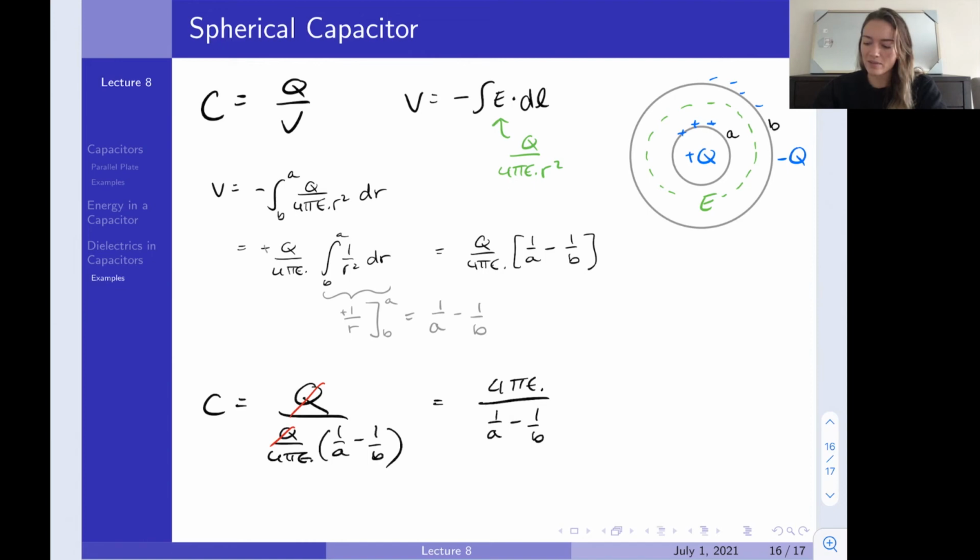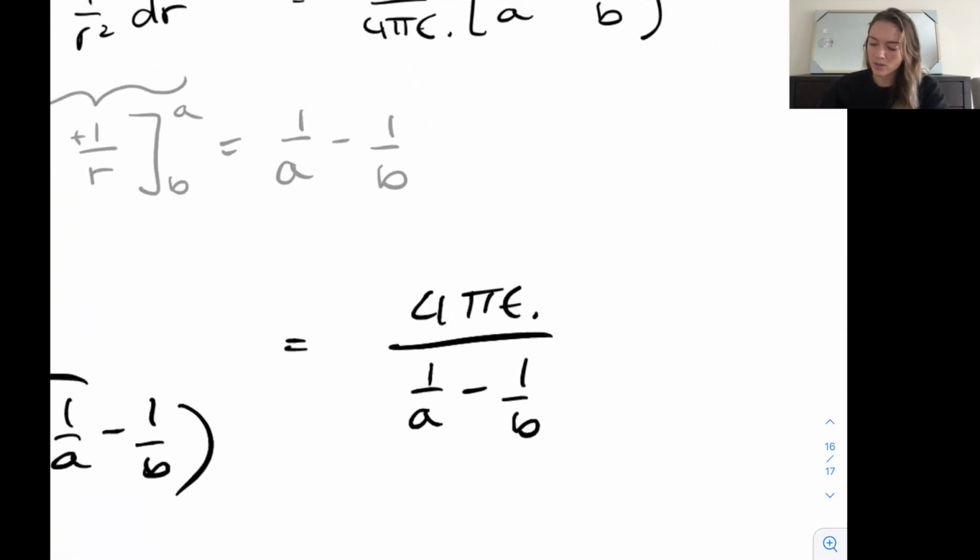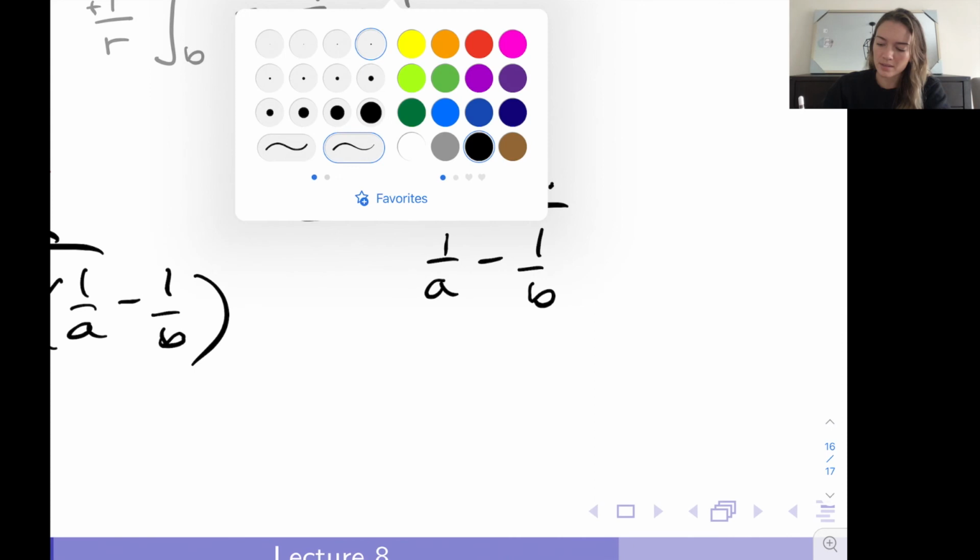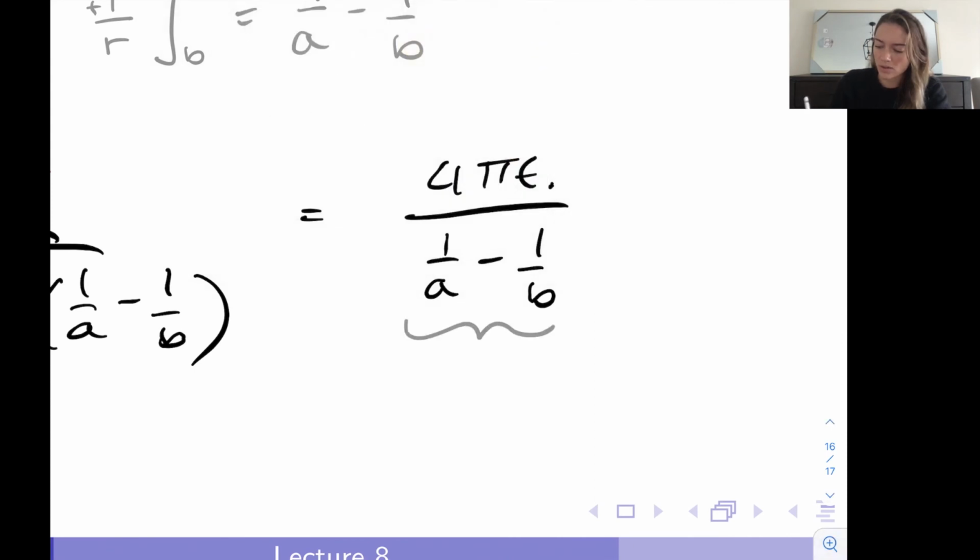I don't want to have a fraction of fractions. So let's rewrite the denominator, 1 over A minus 1 over B. Get a common denominator for them. So I'll multiply this one by B over B.